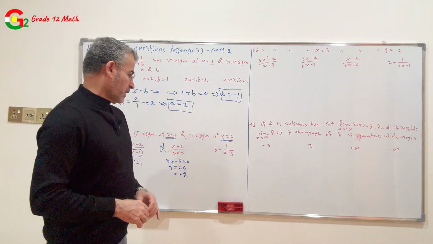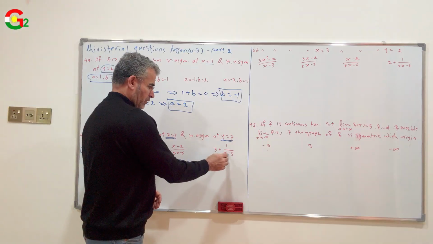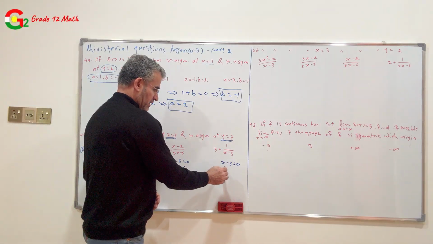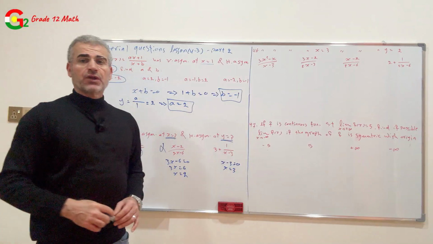For the last function, if we set the denominator to 0, then the vertical asymptote is x equal 3.